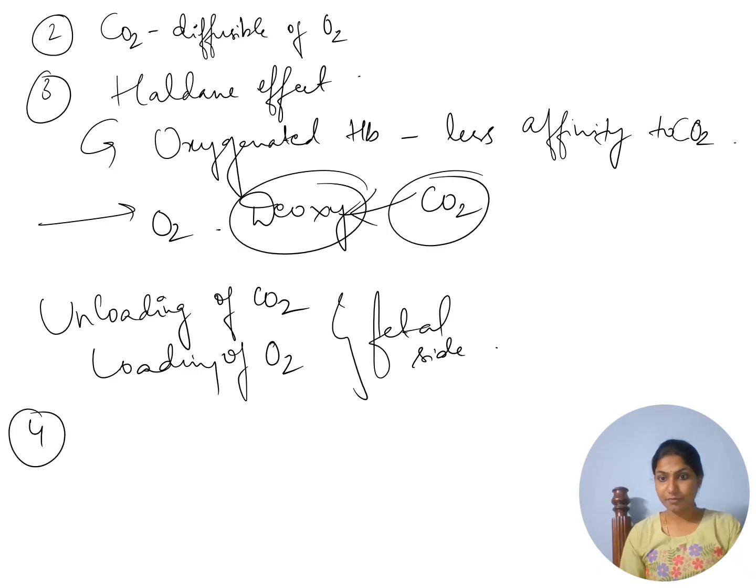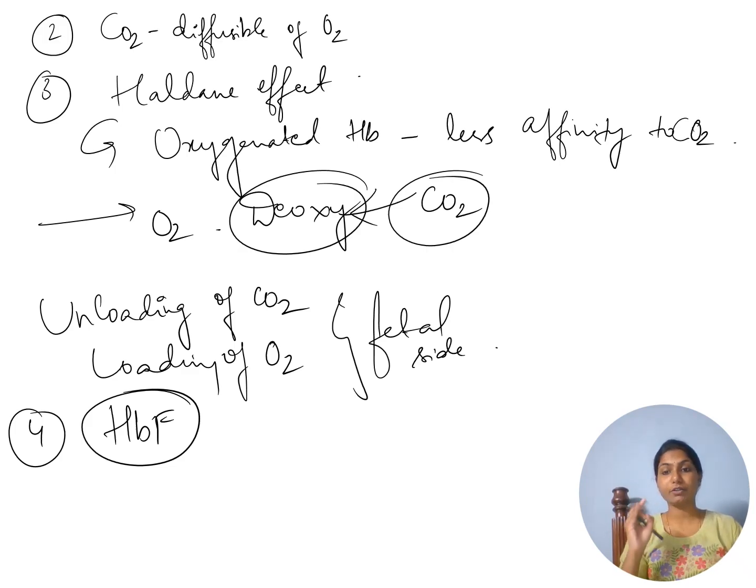And lastly, as we mentioned, HbF is very important for facilitation of oxygenation. So it is not only the Bohr effect or the double Bohr effect or Haldane's effect. The fetal hemoglobin has reduced binding to 2,3-BPG. So that we know. But why this? Whenever it has reduced binding to 2,3-BPG, it has higher affinity to oxygen.